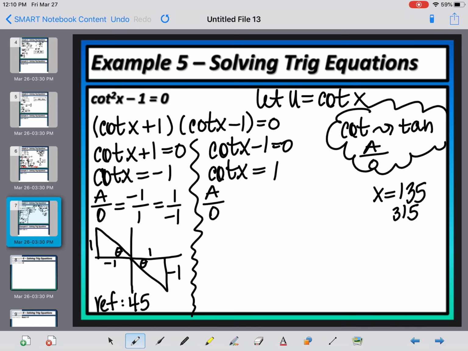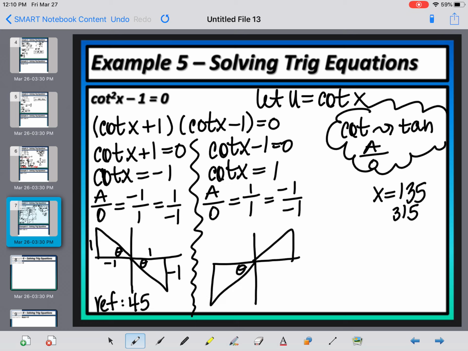All right, cotangent of x equals 1. So again, adjacent over opposite. Okay, it could be 1 over 1. It could be negative 1 over negative 1. So where is cotangent positive? It should be opposite of the setup we just had. So 1 and 3, we are positive. Okay.